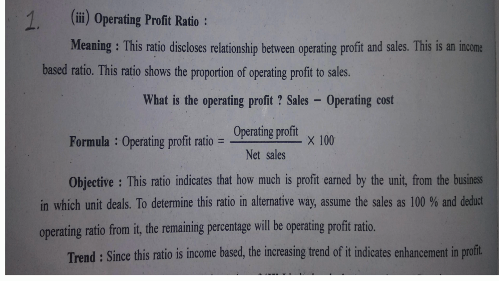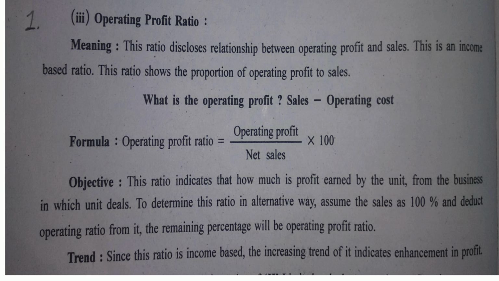This is income-based ratio. So obviously, incomes are to be considered. While understanding operating ratio, we have considered operating expenses. Why? Because it is cost-based ratio. So it shows the proportion of operating profit to sales.